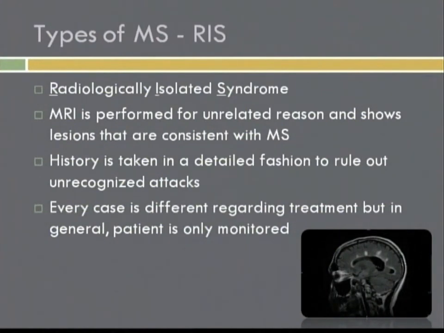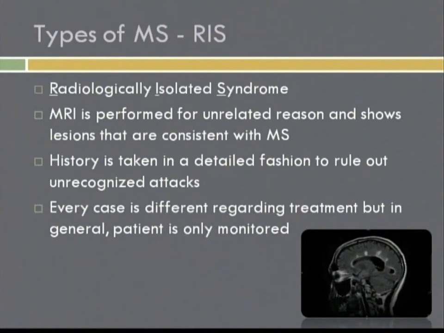So you can think about the different types of patients that are infected with flu. You can go all the way from a patient who has no symptoms of the flu and is a carrier of the flu, and they never knew they had any infection, all the way to patients that are very affected by the flu. And this is the same thing that occurs in all diseases, really, and in MS.